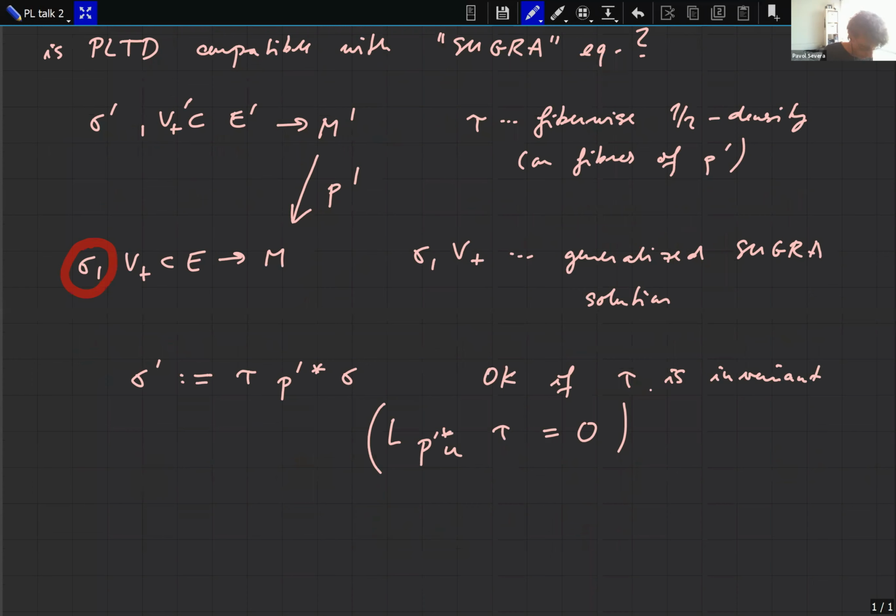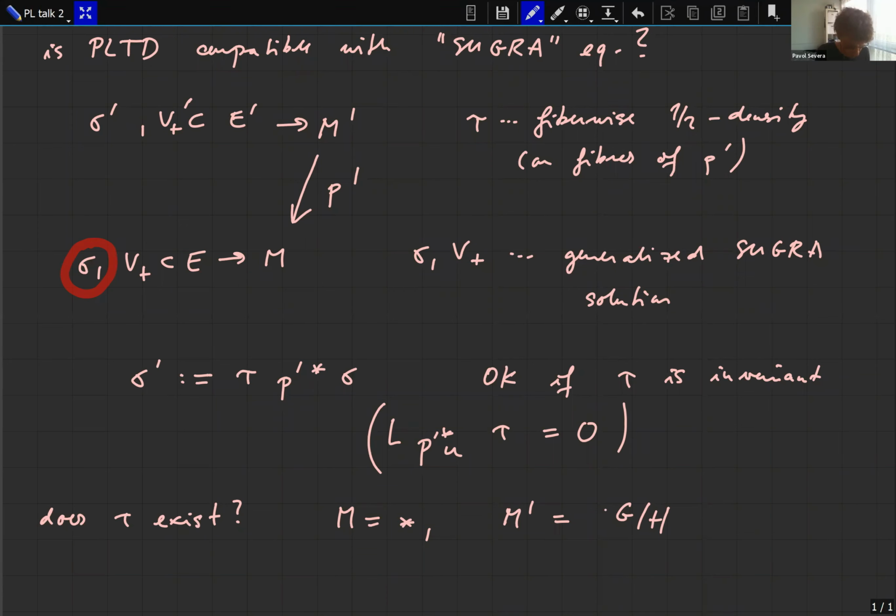So when does tau exist? Say in the case when M is a point and M prime is G mod H. Now you see tau is simply going to be a half density on M prime. It's a fiber-wise half density, but here it's just simply a half density. And invariant means that it's G invariant.